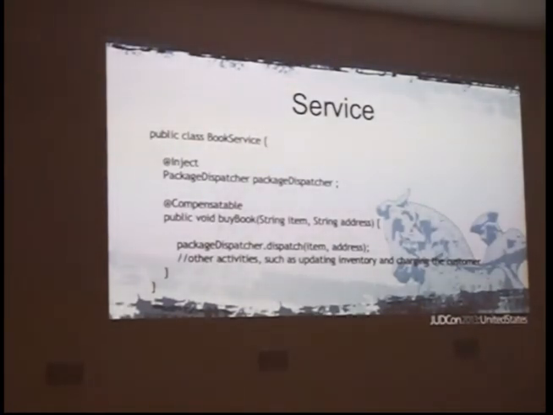By default, if there's a runtime exception thrown, then it will cause that transaction to be undone. That annotation can be customized, so different types of exceptions may or may not cancel it, but that's not covered in this example. Okay, and then we're just injecting the package dispatcher, so that's not really too relevant.